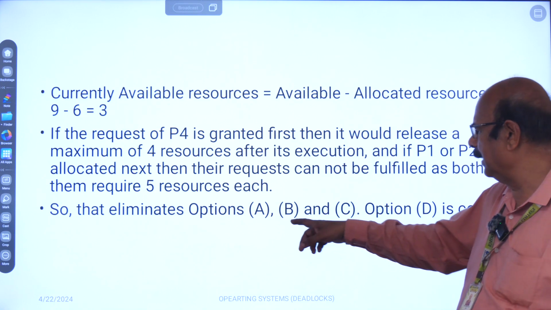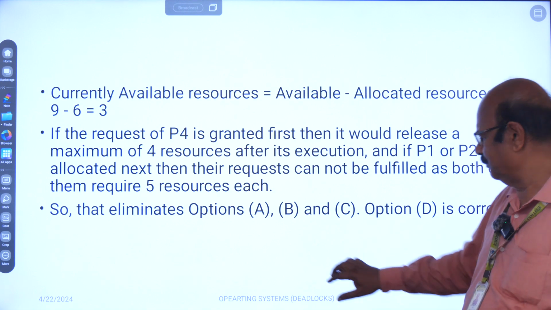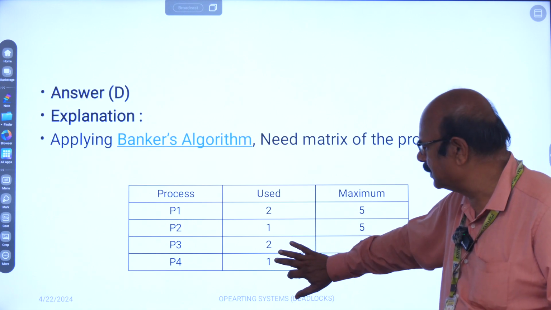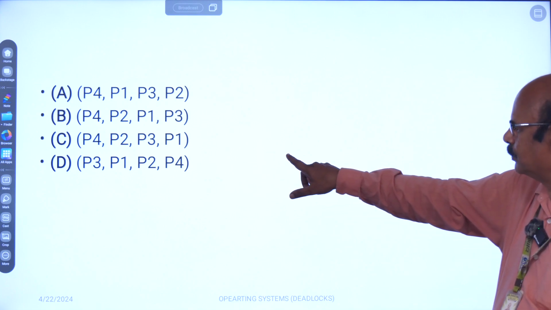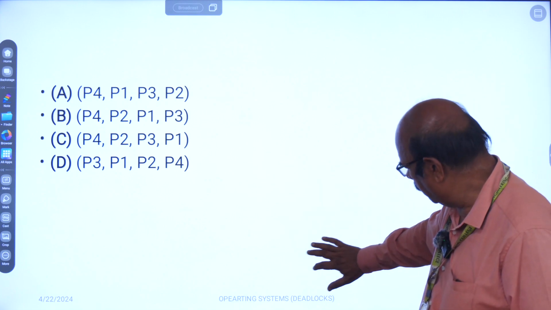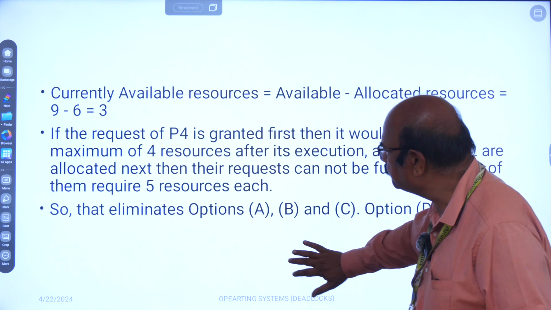So that eliminates options A, B and C. Option D is the correct one: P3 is allocated first, P1 next, then P2 and P4. Then only can we allocate the resources without deadlock.